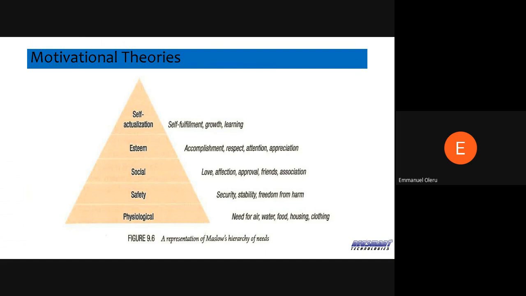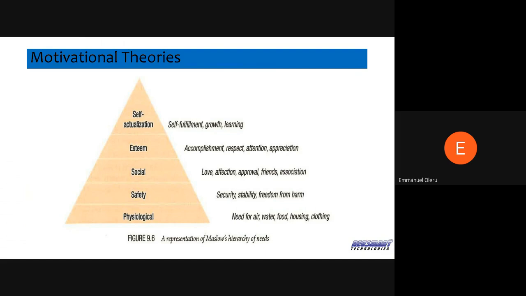And the next one is esteem, which talks about accomplishment, respect, attention, and appreciation. That's the next level of needs that people will start looking forward to. And then the last one is self-fulfillment, growth, and learning, which talks about self-actualization, where you are trying to get fulfilled and what drives you in life.